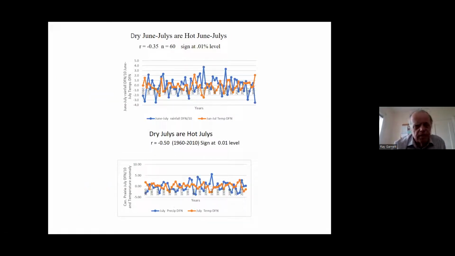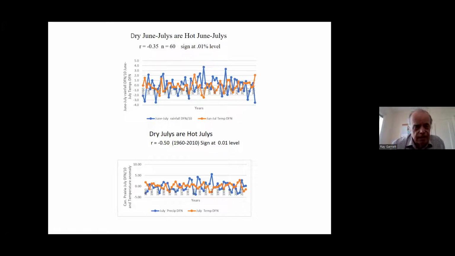What this is about is basically supporting the idea that when June, Julys are dry, they tend to be hot. This is a correlation that I found going back to about 1960, I think it was 60 years, and the R value is about minus 3.5. And dry Julys are usually hot Julys. And last year was exceedingly dry over the prairies.